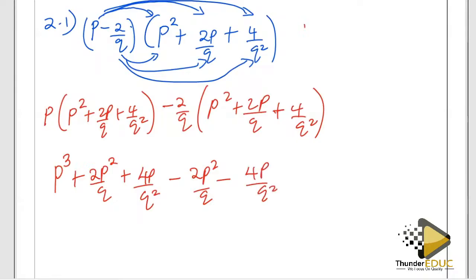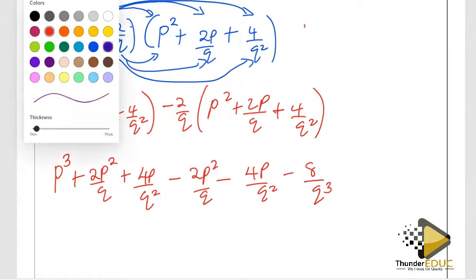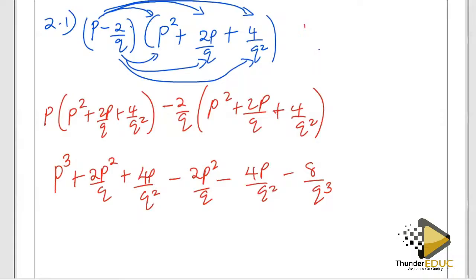And then this negative 2 multiplied by that, we're going to get negative 8 over q cubed. The next step is to identify any like terms. I'm seeing the 2p squared positive, the 2p squared negative, same applies with this. This is a positive, this is a negative, they cancel out. So I'm just left with p cubed minus 8 over q cubed. So this becomes our answer.